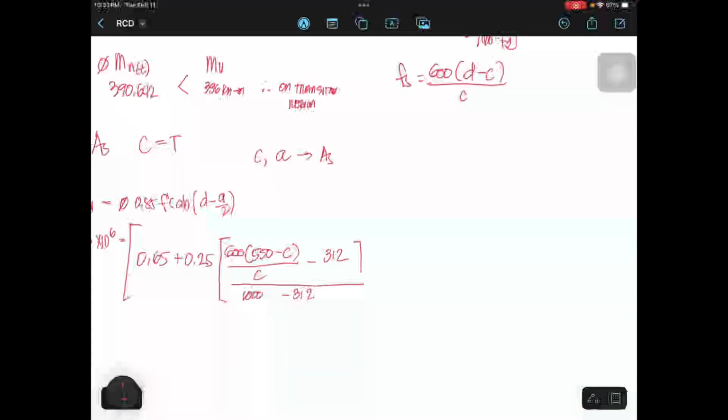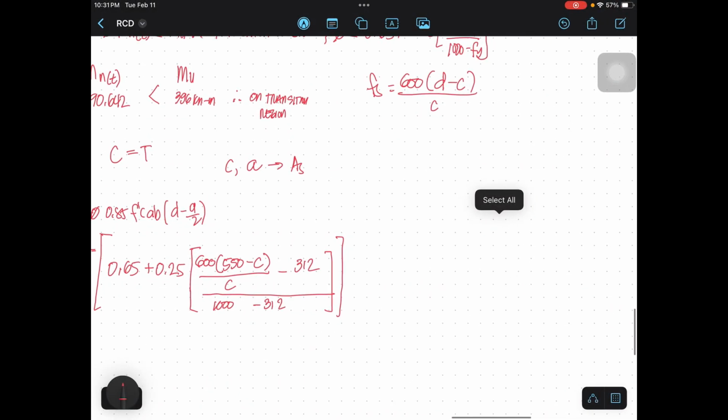Okay, this is just the initial value for the reduction factor only.